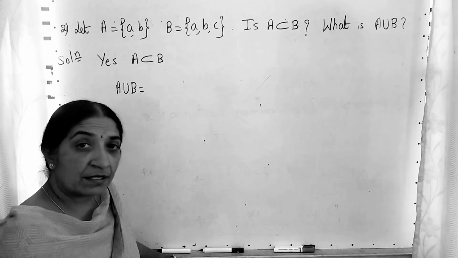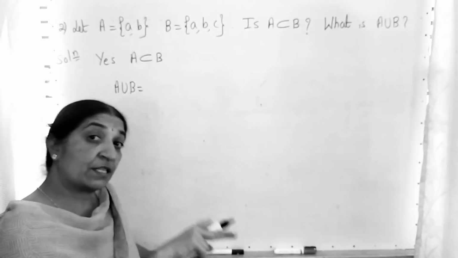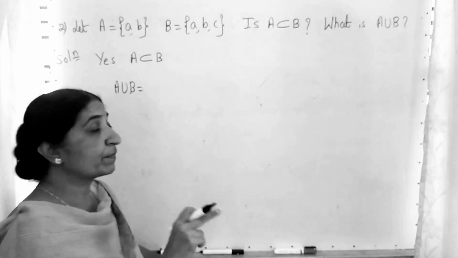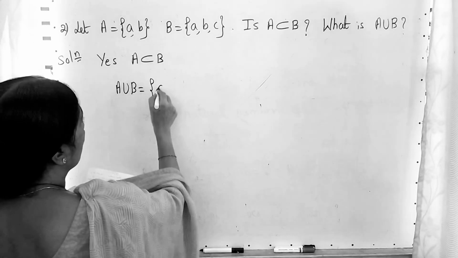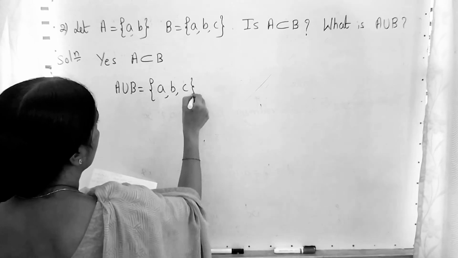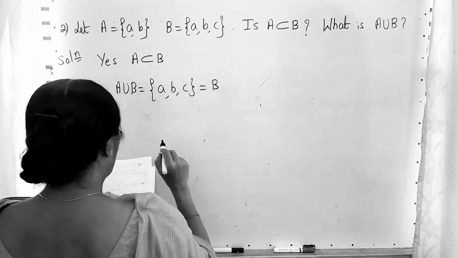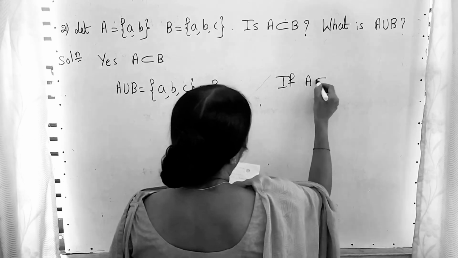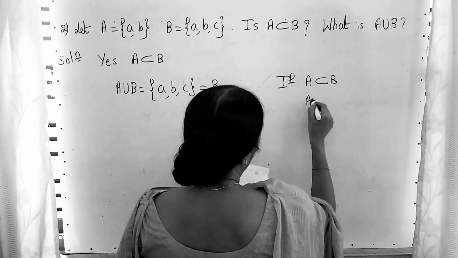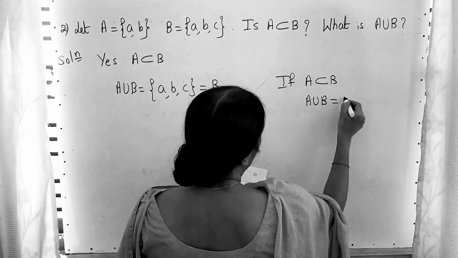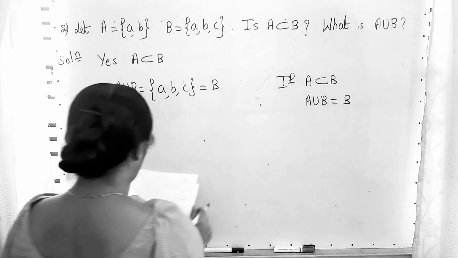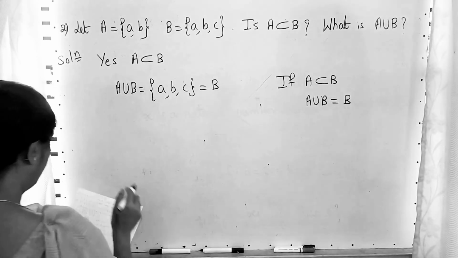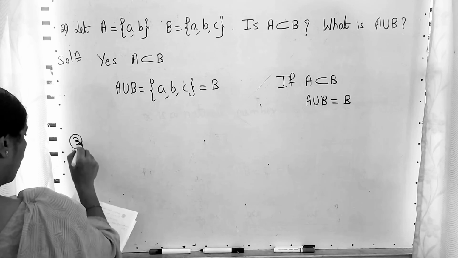When you combine the smallest and the biggest, if it is a subset, you will get the biggest set. When you combine, you will get a, b, c, that is nothing but set B. That means, as I already gave the property, if A is a subset of B, then A union B is B. That is a very important point. Please note that down. Moving to the third main question.